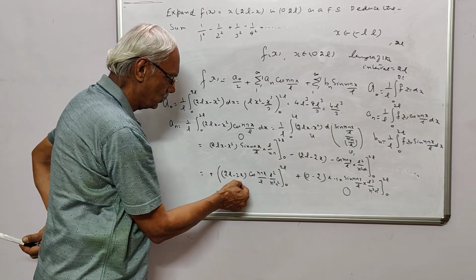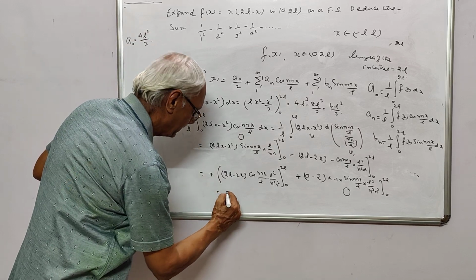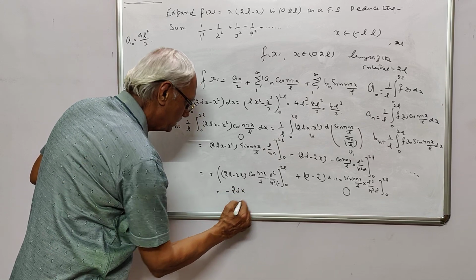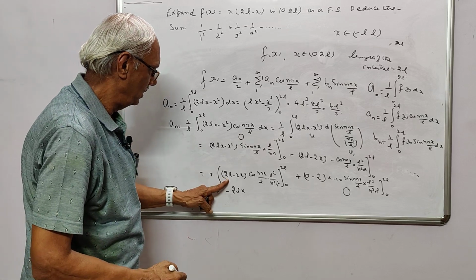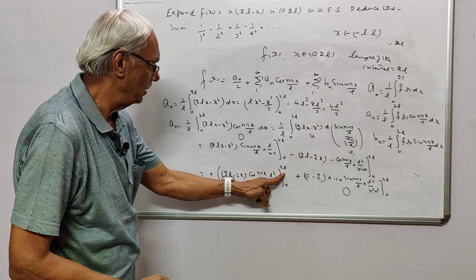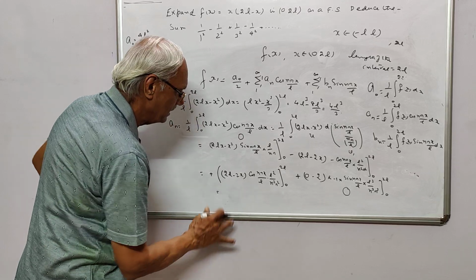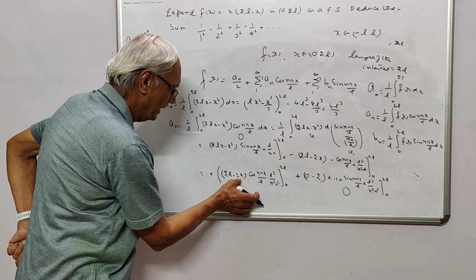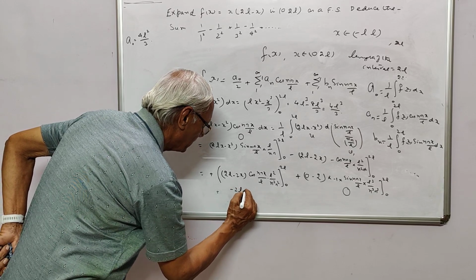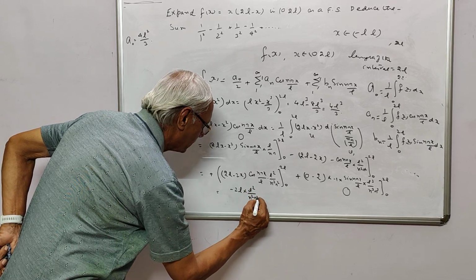Now when you put x equal to 2L, 2L minus 2L is 0. So that is over. Then minus, when you put x equal to 0, it is 2L into, when you put x equal to 2L, it is minus 4L, so minus 4L means minus 2L into, this will become 1, so this is L²/n²π².